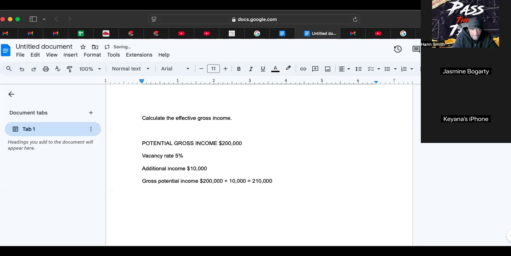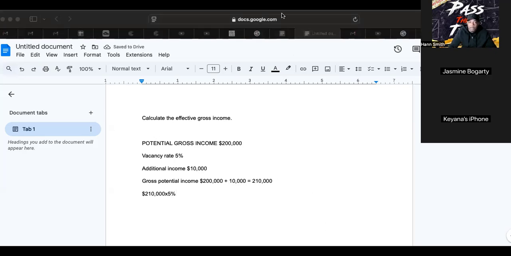I'm not going to use dollar signs. This is just going to be quick. So now we got the 210. Now remember when we just did those down payment questions? It's the same math now. 210 multiplied by 5%. Let's go to our calculators and figure out what that is.